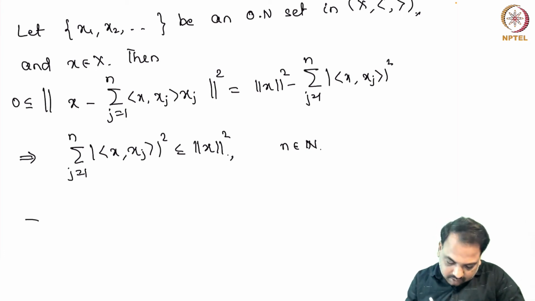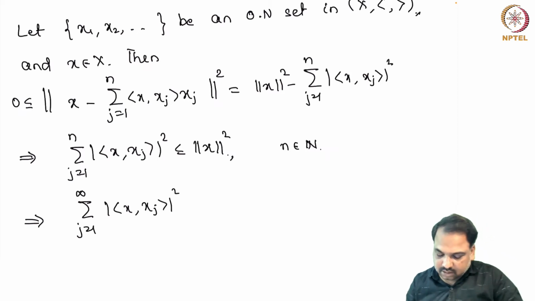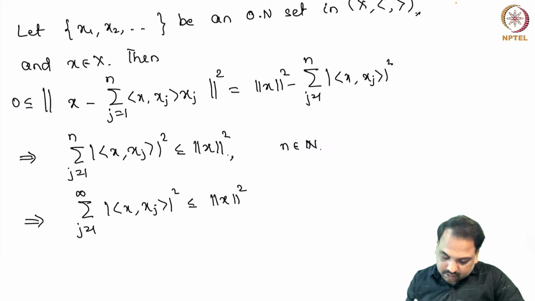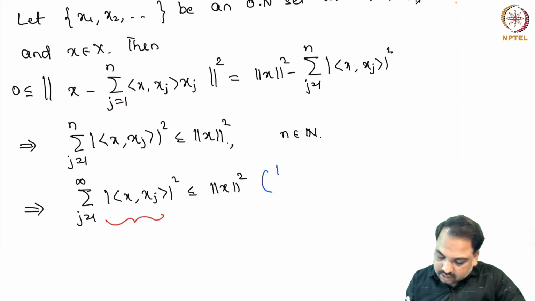So from this we can conclude that summation j equal to 1 to infinity of the modulus squared of the inner product of x with xj is less than or equal to norm x square. Because in the above step the nth partial sum sequence of this series contains only positive terms and is increasing and bounded above by norm x square, hence it must be convergent and the limit is nothing but this series. Okay, this inequality is well known as Bessel's inequality.